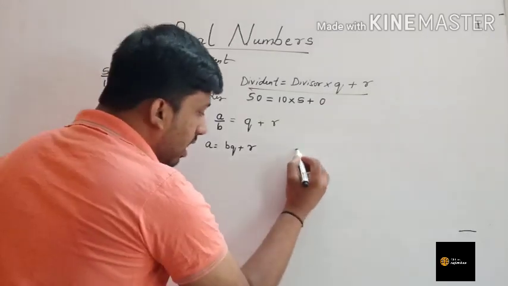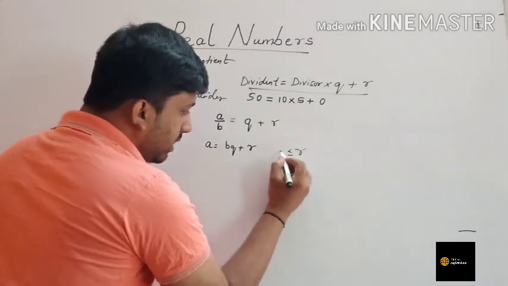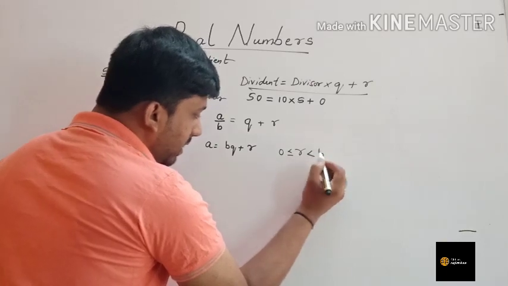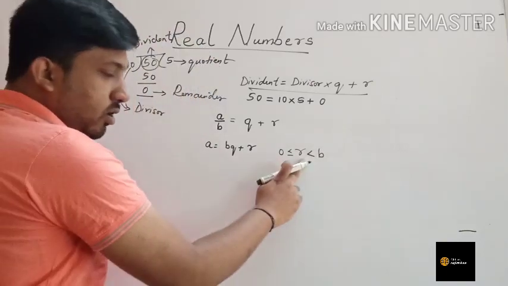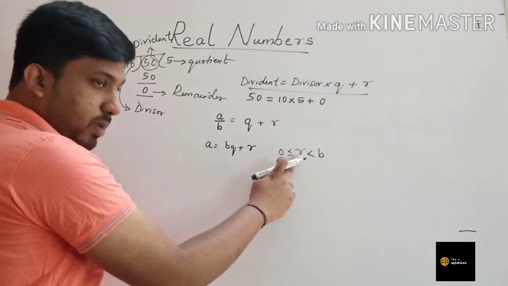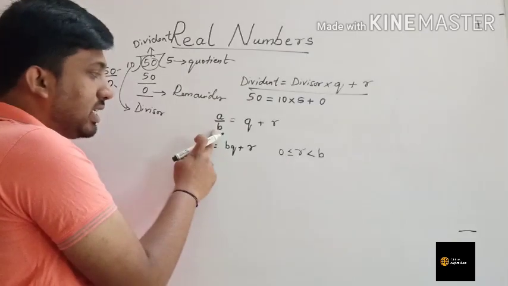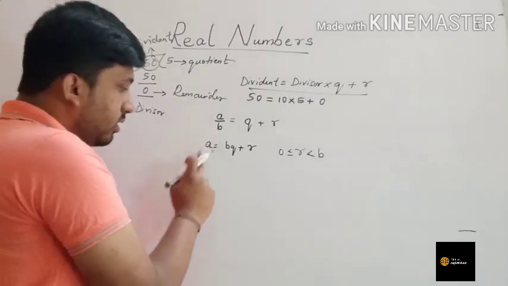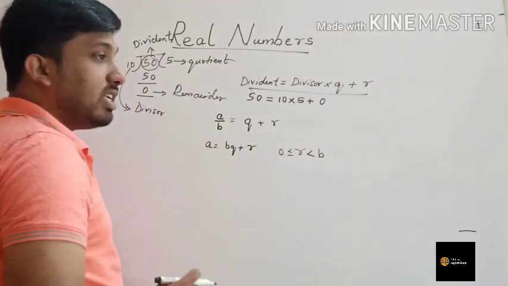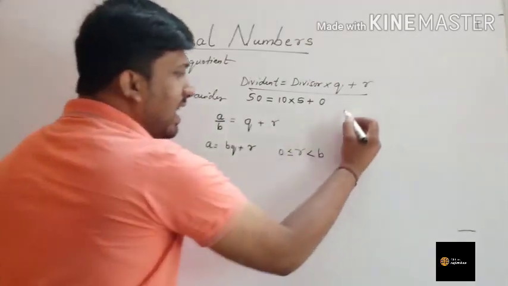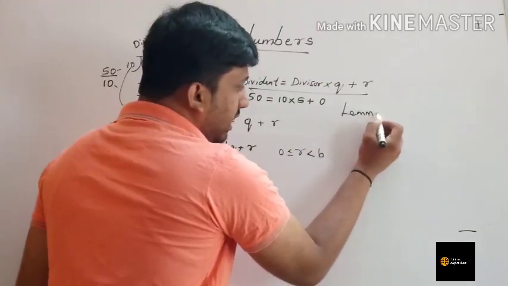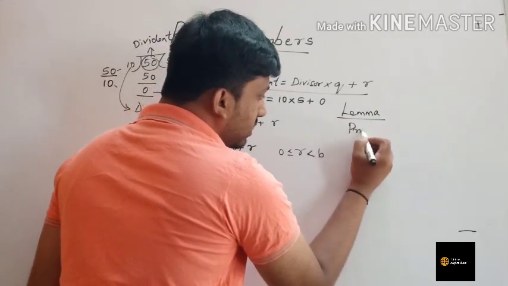And here the r will be between 0 and b. The remainder always will be lesser than b. Obviously, b is nothing but a divisor, right? So this is Euclid's division lemma. Generally, lemma is nothing but a proven statement.